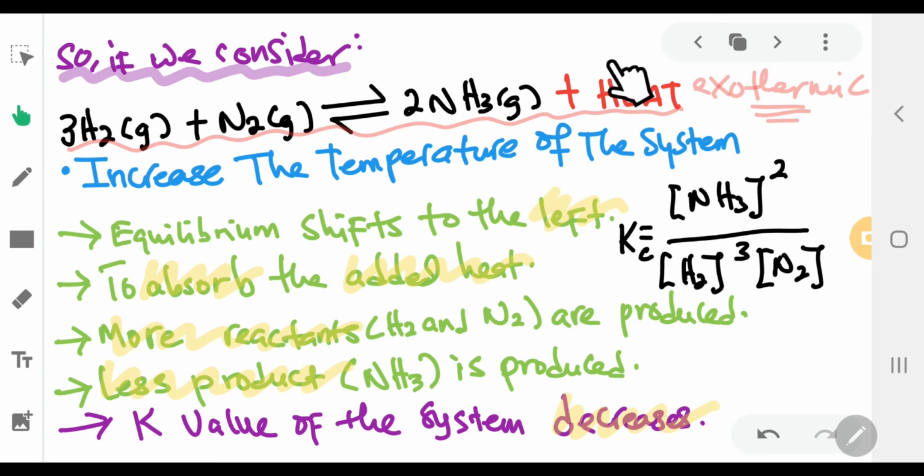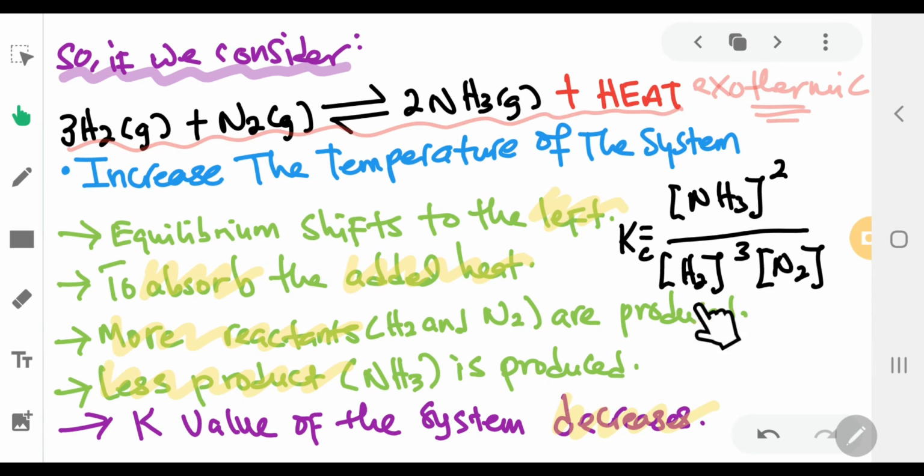To counteract that stress, you need to produce more reactants to absorb the added heat. So when more reactants are produced, you will have a bigger number down here, making the value of Kc smaller, because the value down here gets bigger and bigger, and the value on top gets smaller and smaller as you increase the temperature. So that's why the K value will decrease.